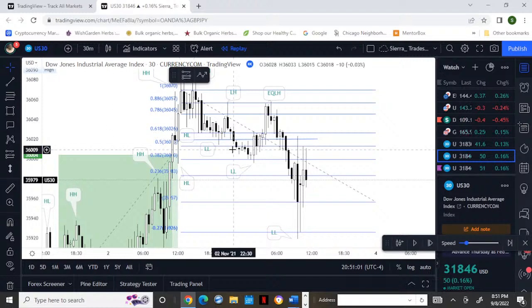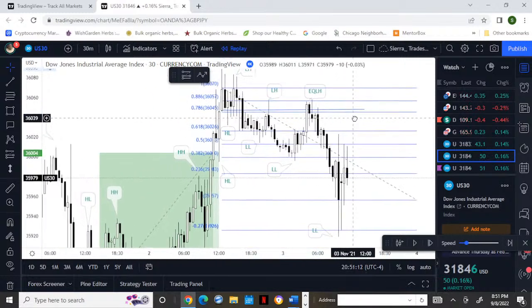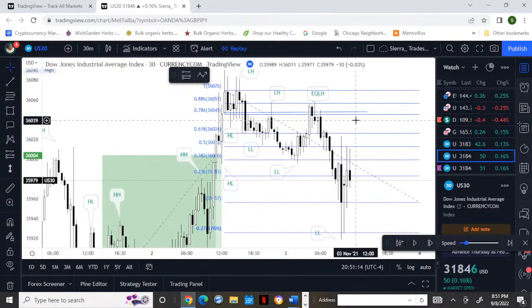And price also, this isn't my structure point. Structure point should be here. That price tested twice.